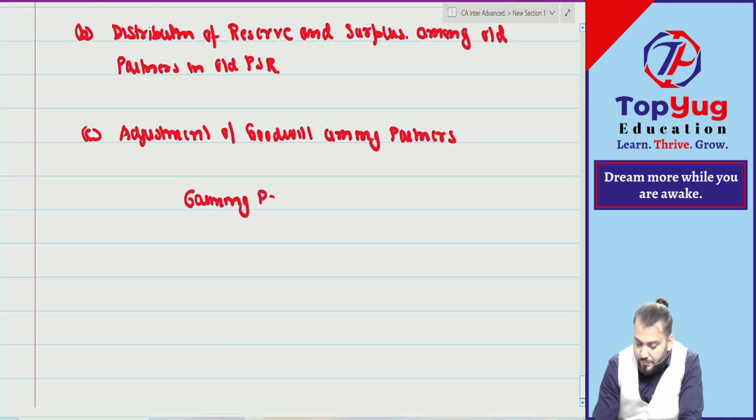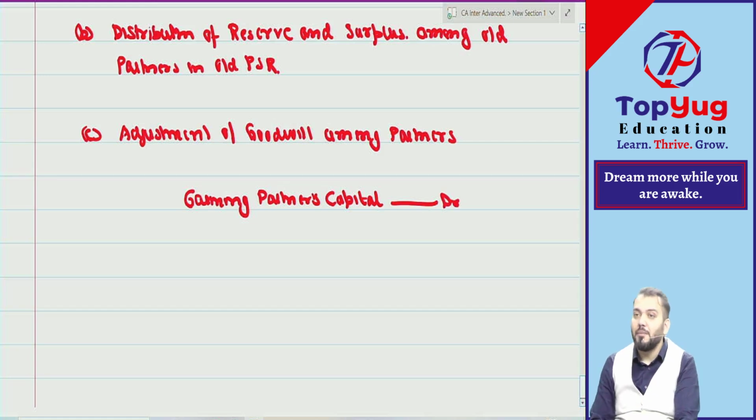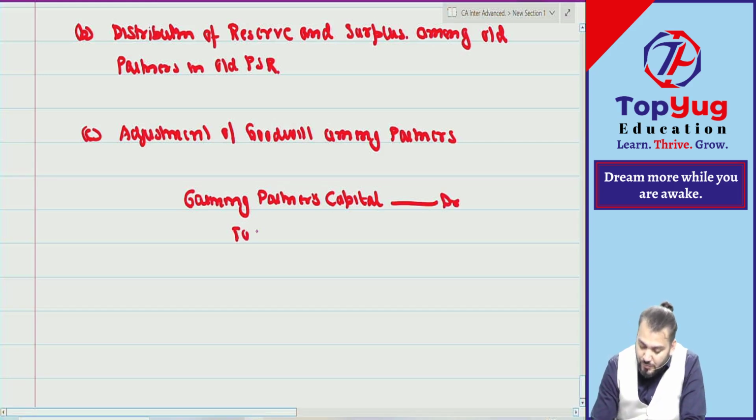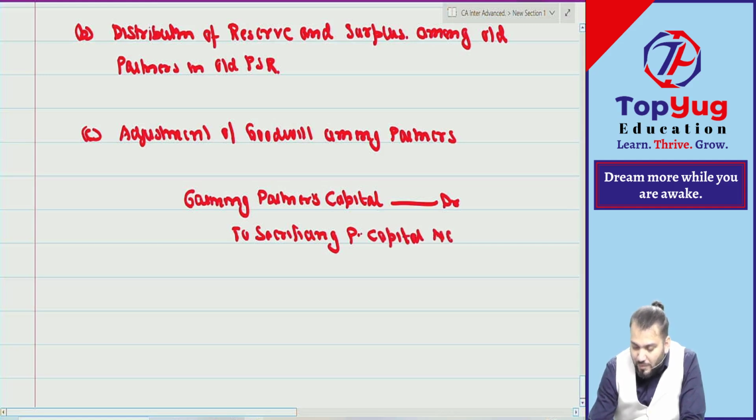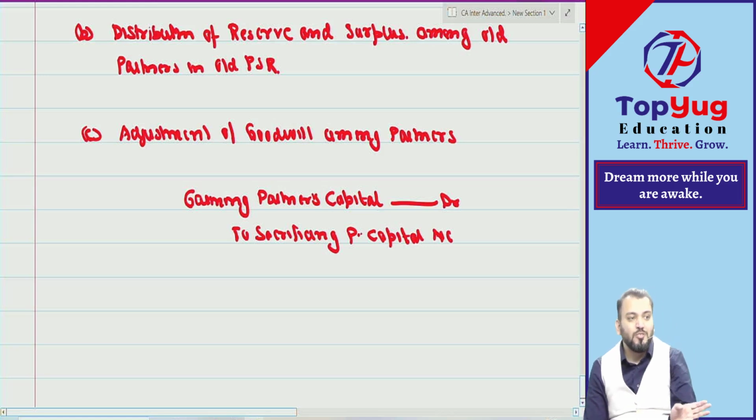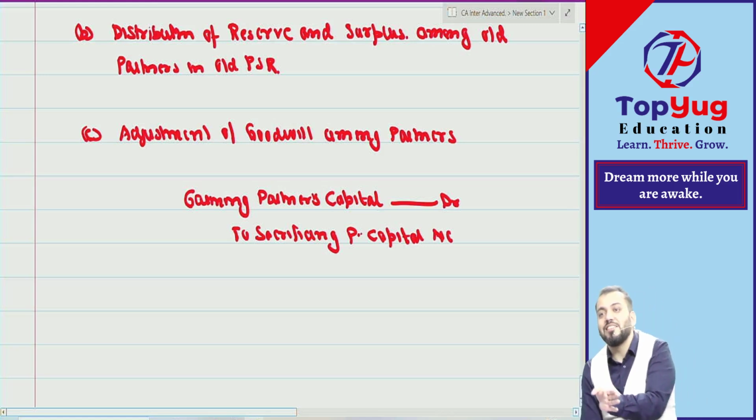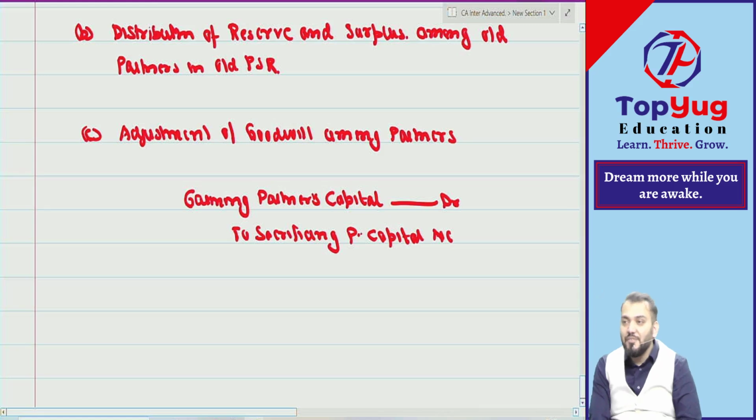We used to do gaining partners capital account debit to what? Sacrificing partners capital account. We did not debit goodwill account. We used to do gaining partners capital account debit to sacrificing partner.